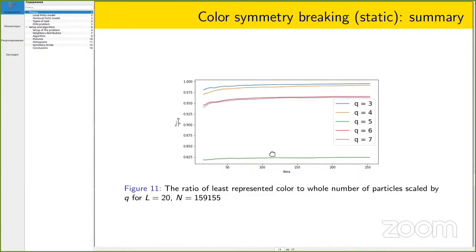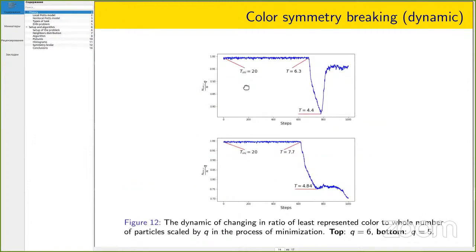And in order to study this effect more, let's look at how this ratio changes during the process of minimization. Here we start with the initial temperature for 6 colors in the top picture. This ratio fluctuates, and when clusterization begins, we see a rapid fall in this value, but an even quicker rise, though the ratio didn't restore to previous values.